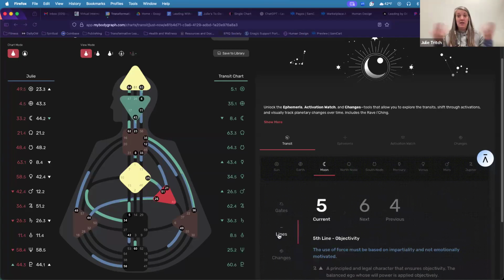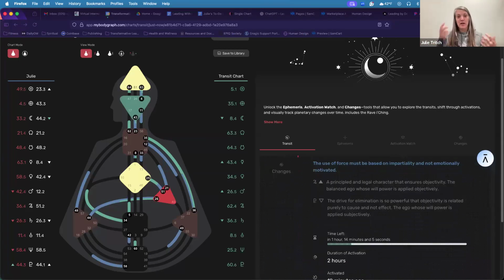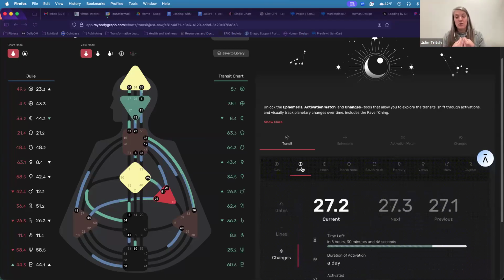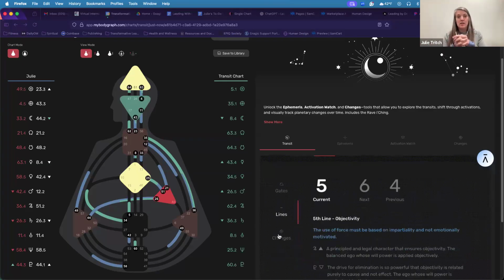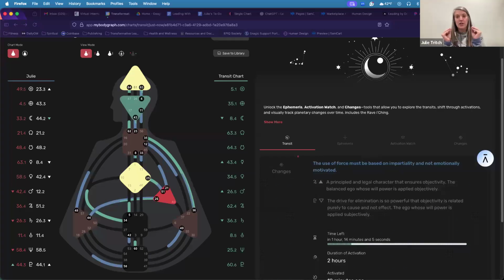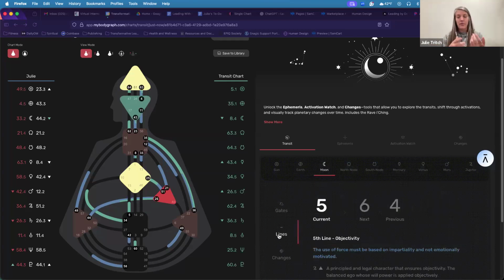And I mean, I'm a projector. I don't have that kind of energy naturally and normally, right? So, especially as someone who's a non-energy being, I can use transits to my advantage. And I can look at them and say, ooh, I have more energy now. I can really lock in and I can get more things done where maybe normally I'd have to rest more and different things like that.